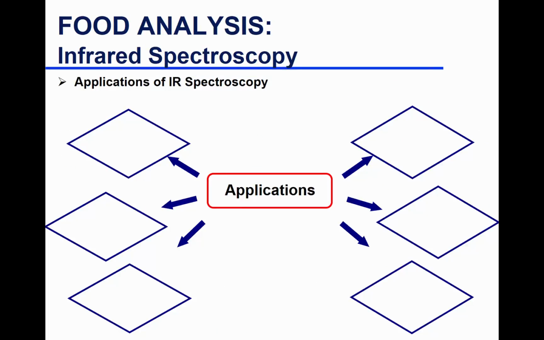So from what you've heard about IR and food analysis, can you provide some examples for when IR is used? You can provide a specific example, you can provide a general example. Quantification. Okay, that's a very general example. You can use it for quantification of a lot of different compounds.